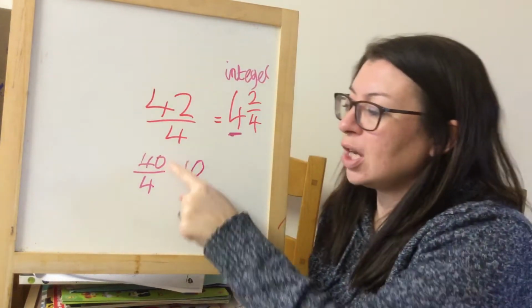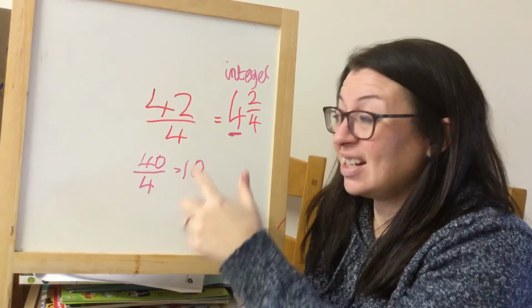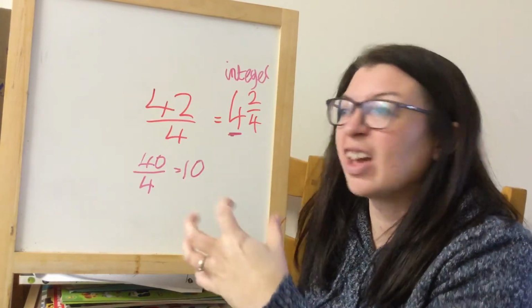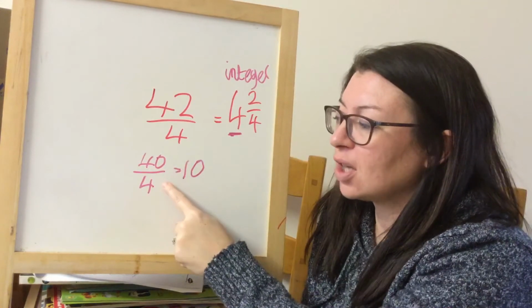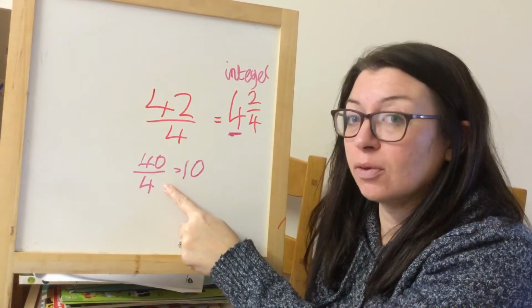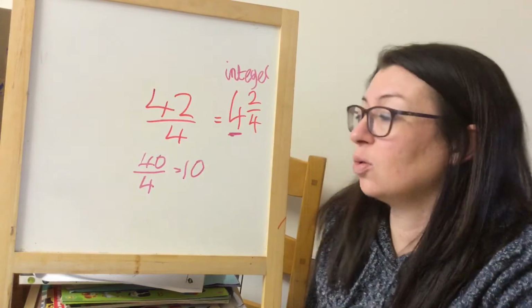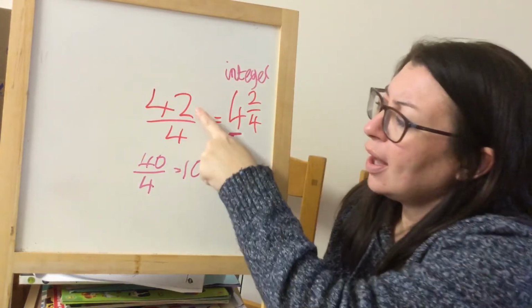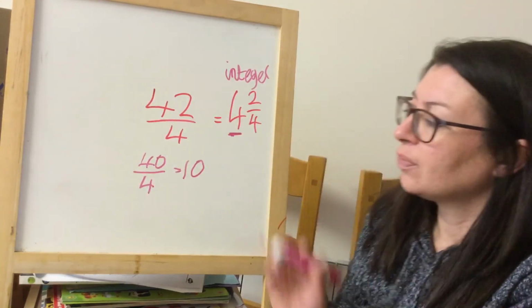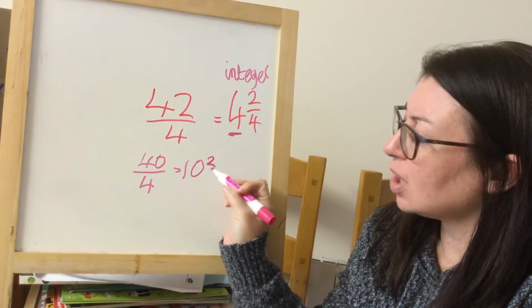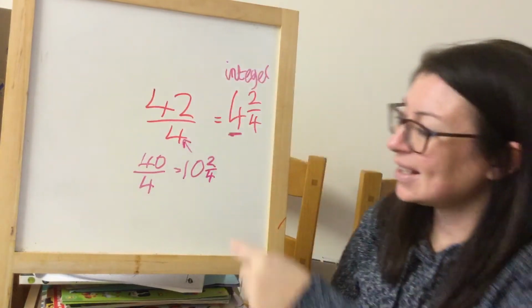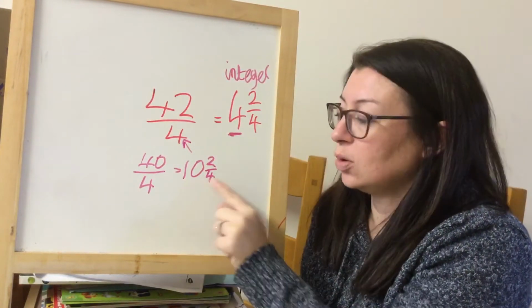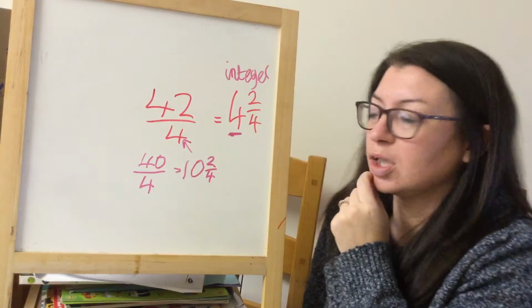So 40 over 4 is 10 whole things, whole pizzas, whole cakes, okay? If you had 40 pieces cut up into 4, you would have 10 wholes. 40 divided by 4. And you've still got these 2 extras. So that means you then have 2 quarters left. So this one here is actually 10 wholes and 2 quarters.